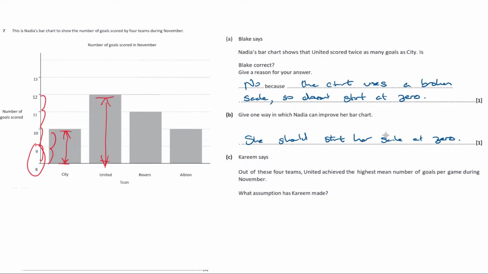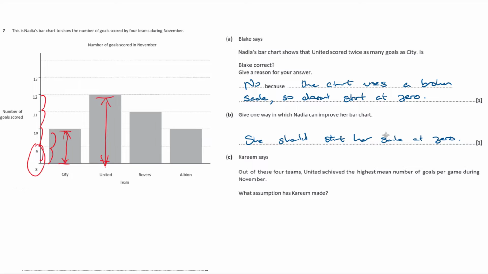Okay, and then Kareem says, out of these 4 teams, United achieved the highest mean number of goals per game during November. What assumption has Kareem made? Well, mean number of goals is the total number of goals scored divided by the number of matches played. Now, we've only got the number of goals scored here, the total. We don't actually know how many games each team played. One might have only played 1, and one might have played 4.